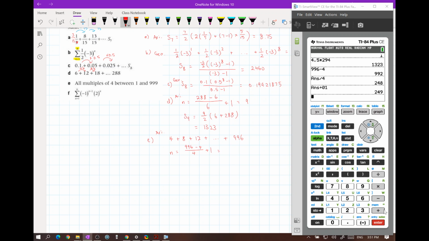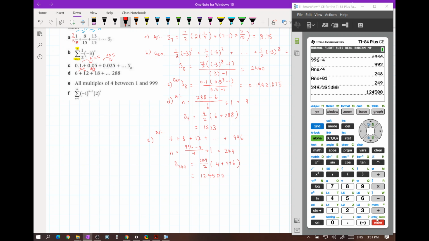So go ahead and plug in. S249 equals 249 over 2 times 4 plus 996. And then 4 plus 996 is exactly 1000. So here's the total sum.